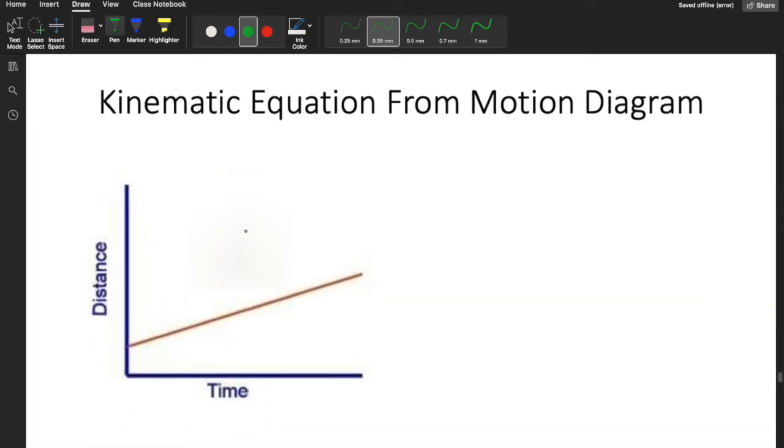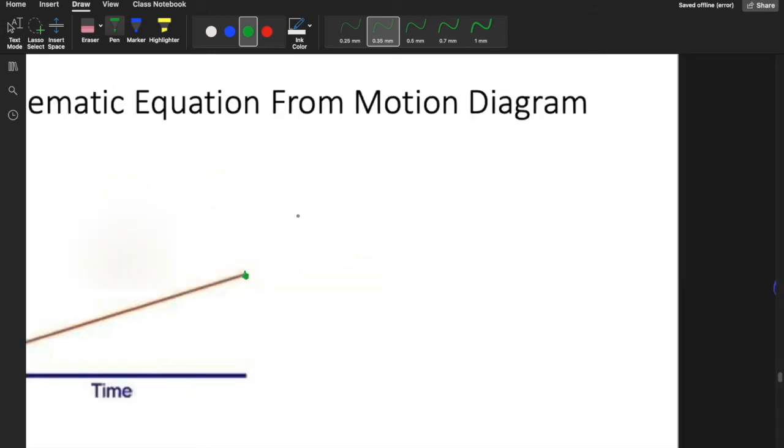So the kinematic equations from the motion diagram are the same thing. It's just what we have talked about here.